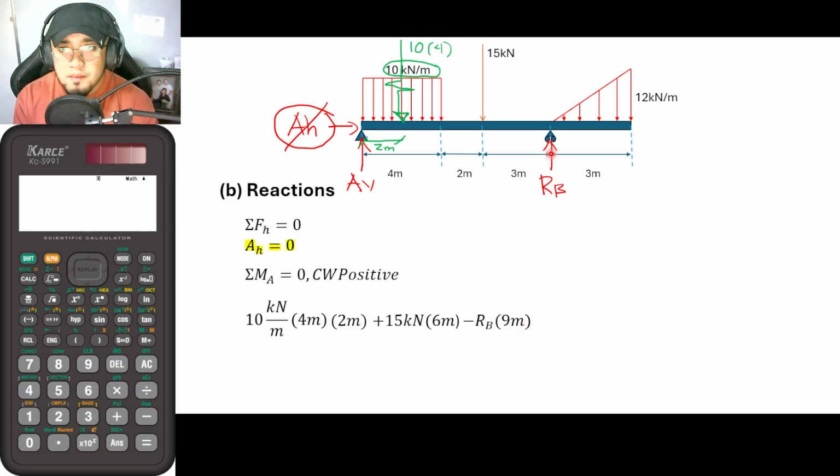Okay, so aside from that, we also have this particular force here that also causes rotation about this point. So in order for us to get the resultant, so when we say resultant, of course, that would be a single force that would represent the whole of this triangle here. So what we would be doing is just getting this particular area.